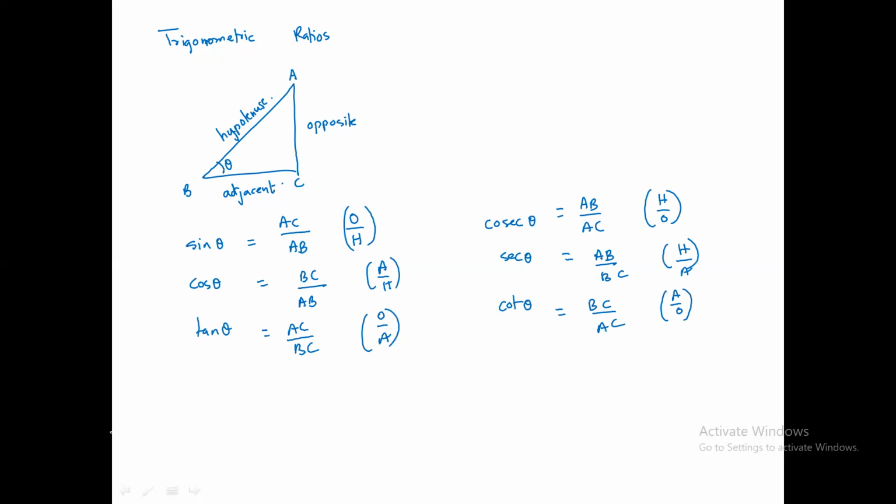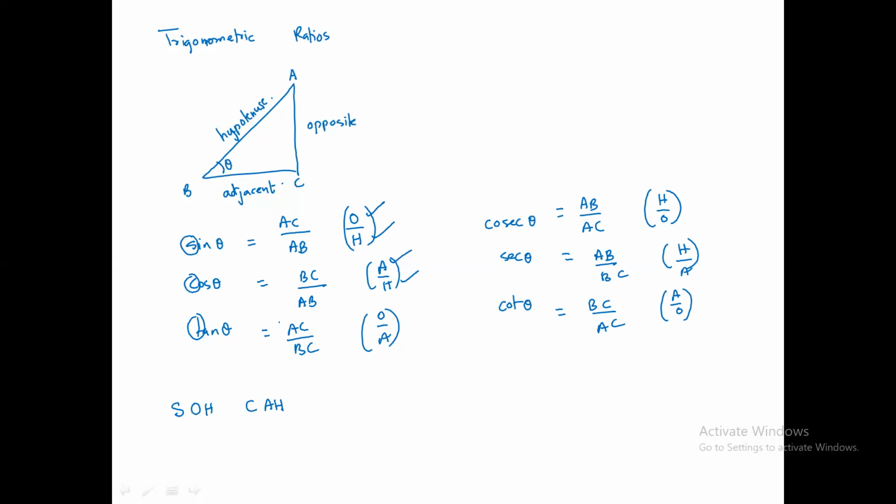So these are the 6 trigonometric ratios. You can remember like this. Sin theta, starting with S, is opposite by hypotenuse. Cos theta, starting with C, is adjacent by hypotenuse.